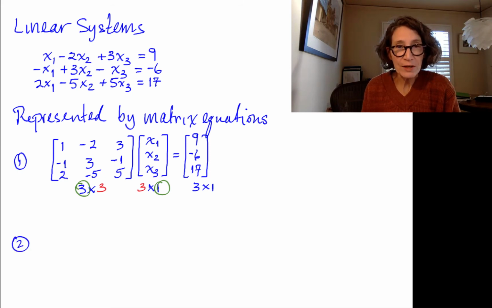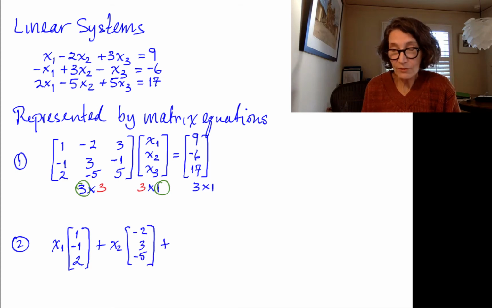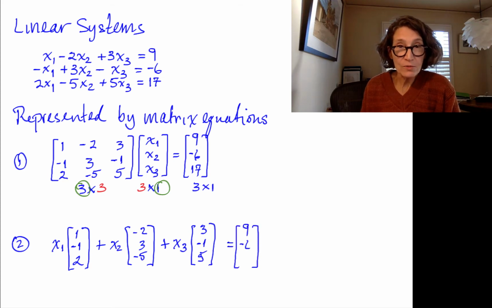Another matrix equation we could write down for that system is x1, the first unknown, multiplied by the first column of the coefficient matrix, plus x2 multiplied by the second column of the coefficient matrix, plus x3 times the third column. That's also equal to the column vector consisting of the numbers on the right side of the system.